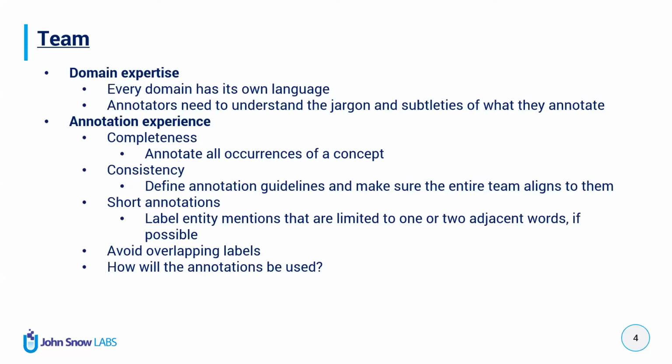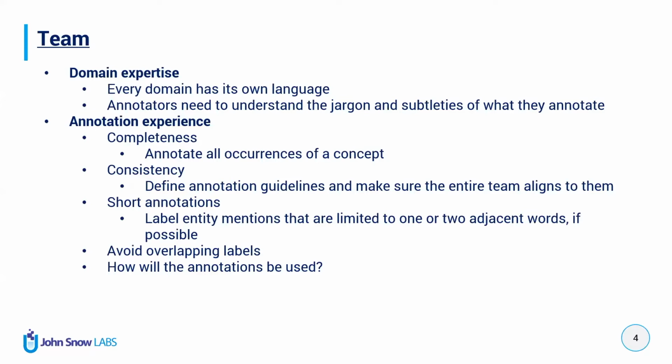For instance, completeness is one of the most important requirements, and the annotation team has to make sure that they annotate all the occurrences of a given concept, for instance. Then they have to ensure consistency of the annotations. For that, usually you have to create annotation guidelines and make sure that the entire annotation team aligns to those guidelines.